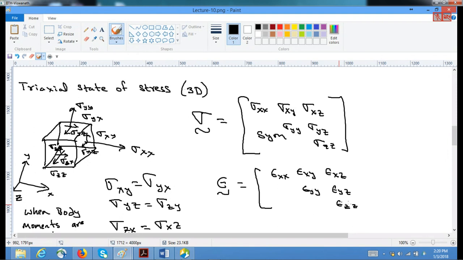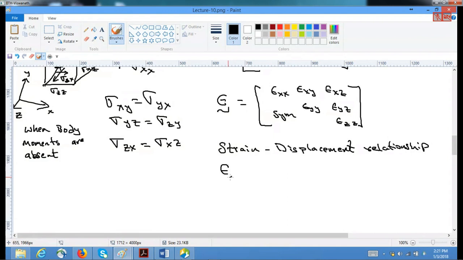Epsilon xy is equal to 1/2 (dou u by dou y plus dou v by dou x), and epsilon yx is the same.